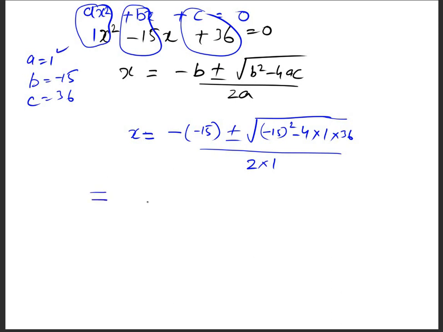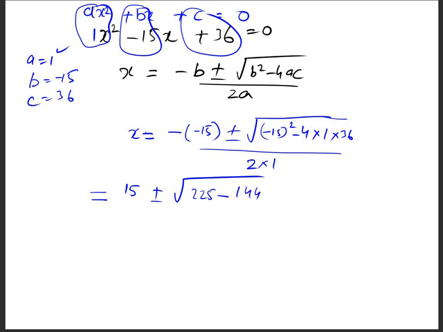Let's quickly solve this. Negative negative becomes a positive here, so this becomes a positive 15. Plus minus stays as is. We'll split it in the end. Let's see what's happening inside. So 15 times 15 is 225 minus 4 times 1 times 36 is 144.